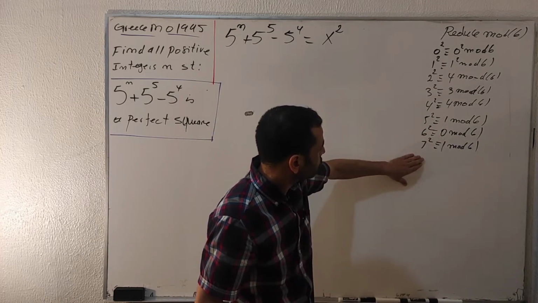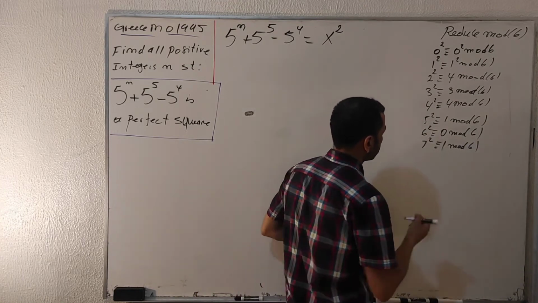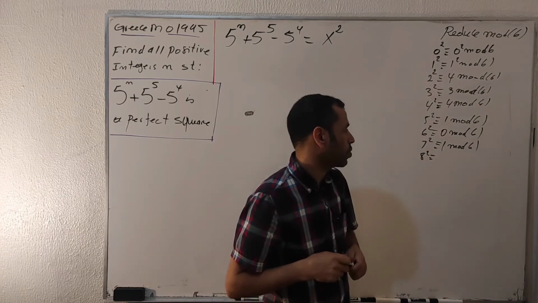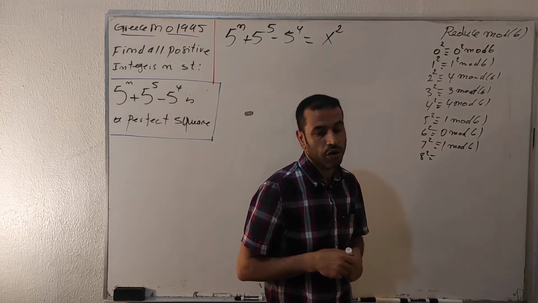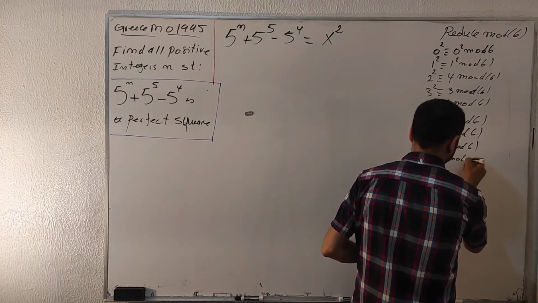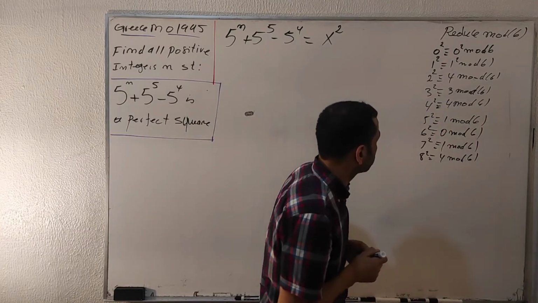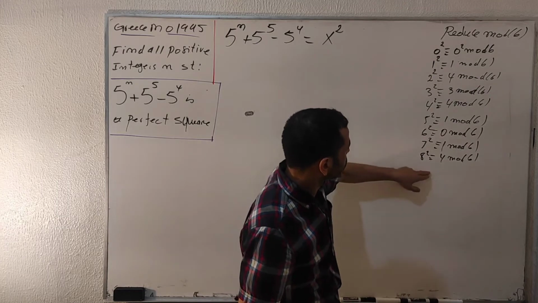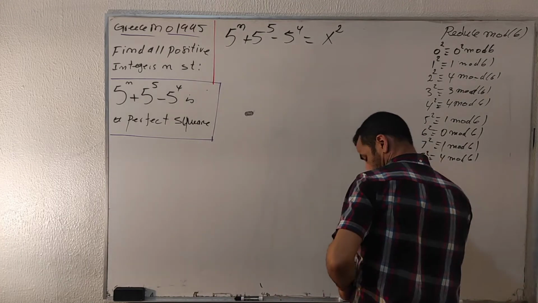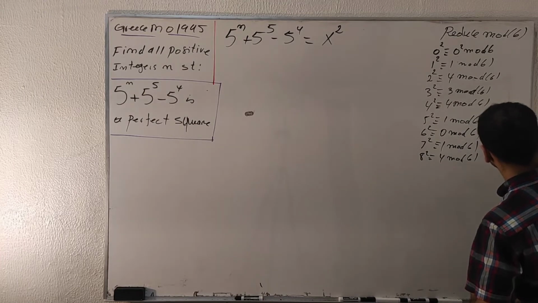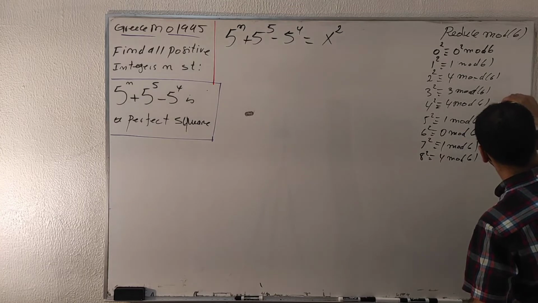Then 8 squared is 64, which is 4 more than 60, so the remainder is 4. I'm going to stop here, because we have a pattern. So 0, 1, 3, 4 are the only perfect squares mod 6.